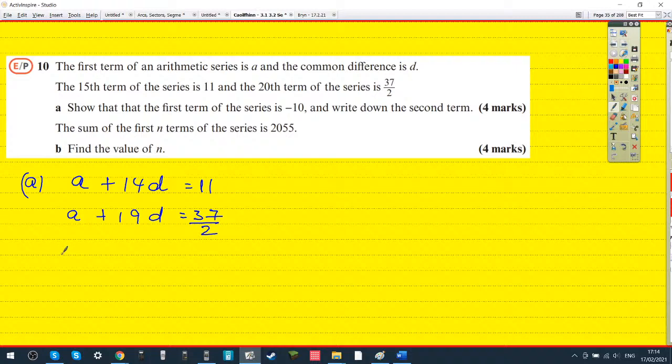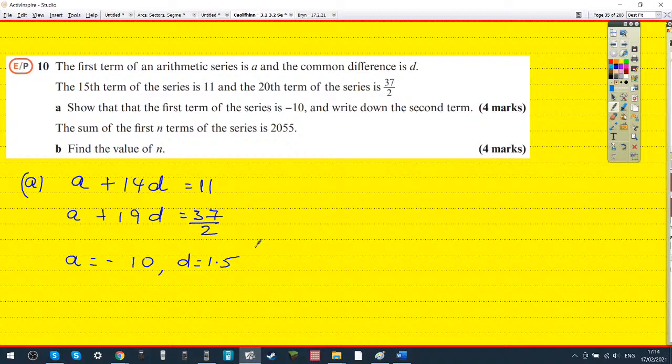Simultaneous equations? Yes. A equals minus 10 and D is 1.5.